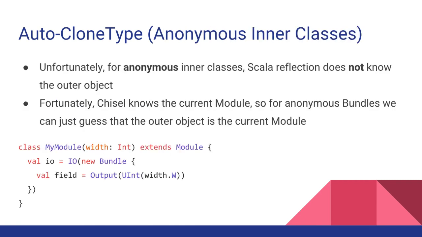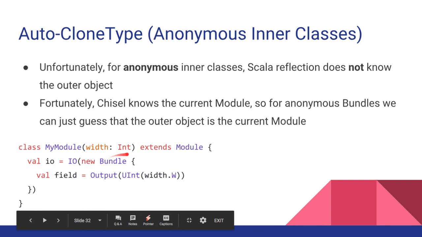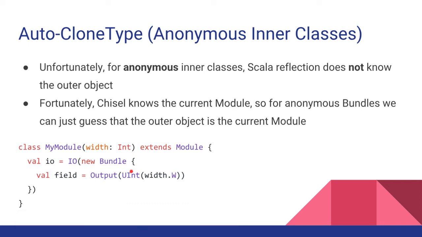For some reason, I don't know why, Scala does not do this for anonymous inner classes. So if you have an inner class that doesn't have a name, like this one, new MyBundle open curly brace, I maybe should have explained this a bit earlier, but for those who don't know what this syntax is, Bundle is an abstract class. You can't instantiate abstract classes, but what you can do is create an object of an anonymous class.